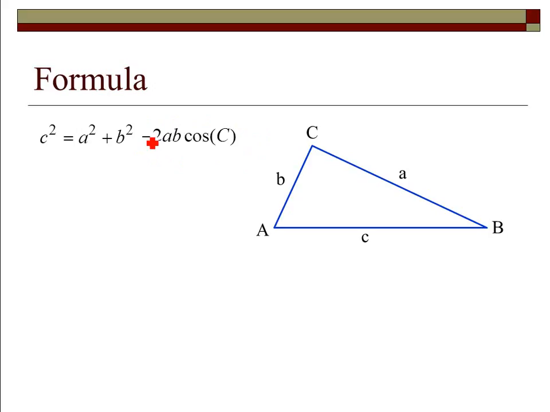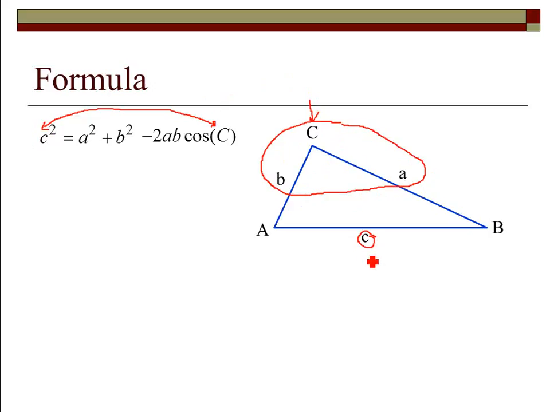Now, look at the structure of this. We have c squared, and this little c is opposite angle C. So when I look at my equations, these two are opposite. Then the other thing I like to look at: if you take all these guys, they're all together, they're all connected.